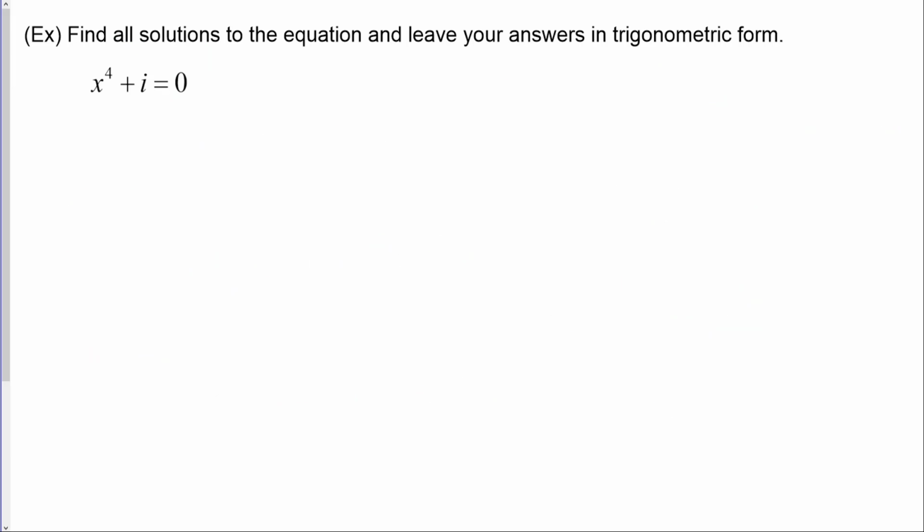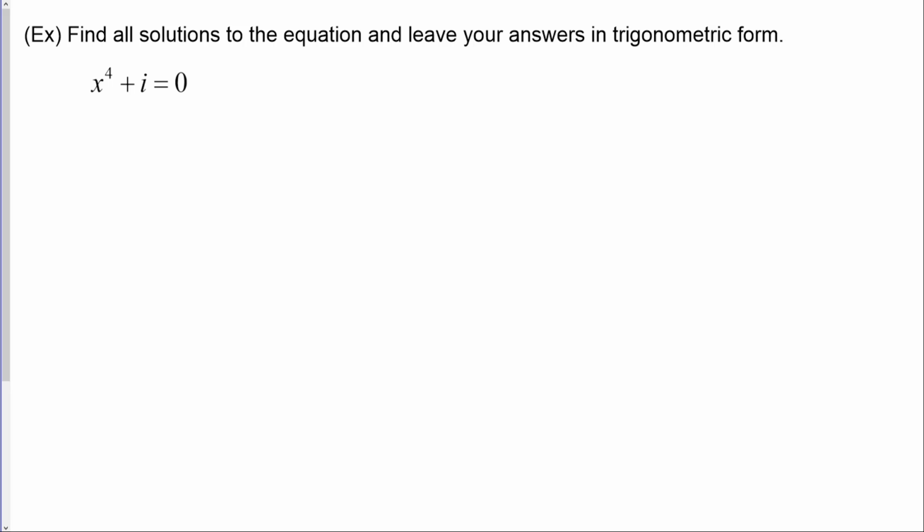All right, last example. Find all solutions to the equation and leave your answers in trigonometric form. So x to the fourth plus i equals 0. Well, in order to solve this, we have to do a little bit of work. It won't be too bad.